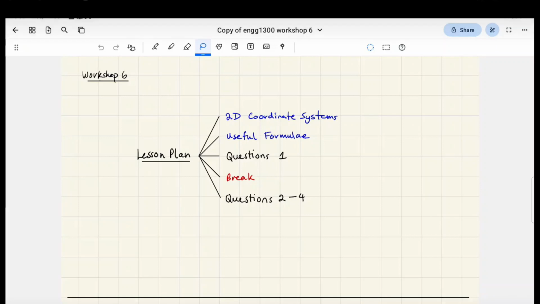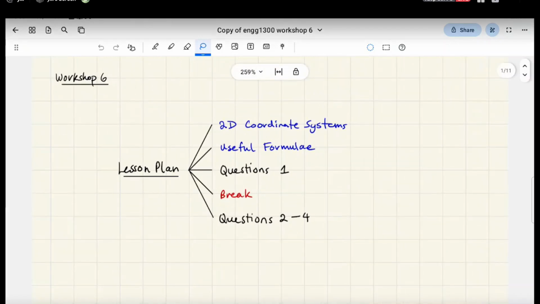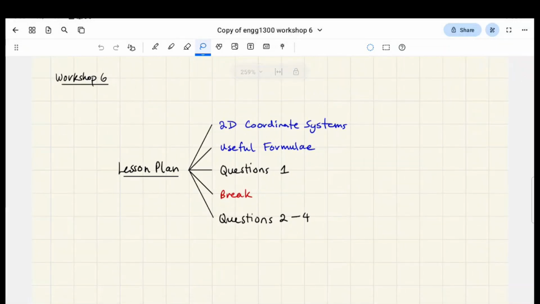All right, cool. So we will continue on today with what we learned last workshop. Last workshop, remember, was to do with rectilinear motion. That's movement in a straight line, pretty much.